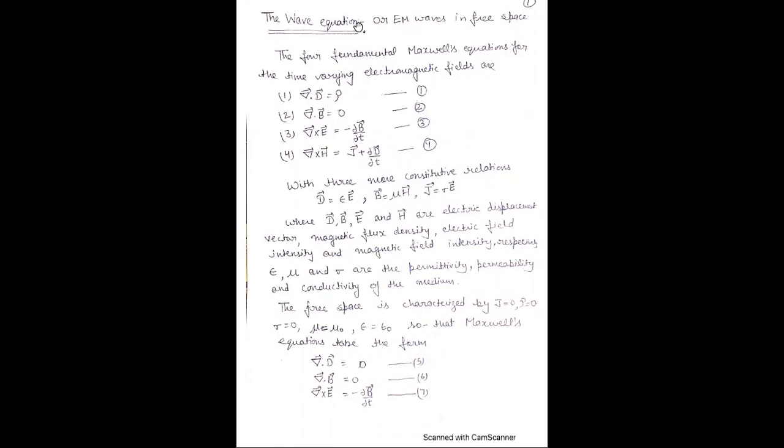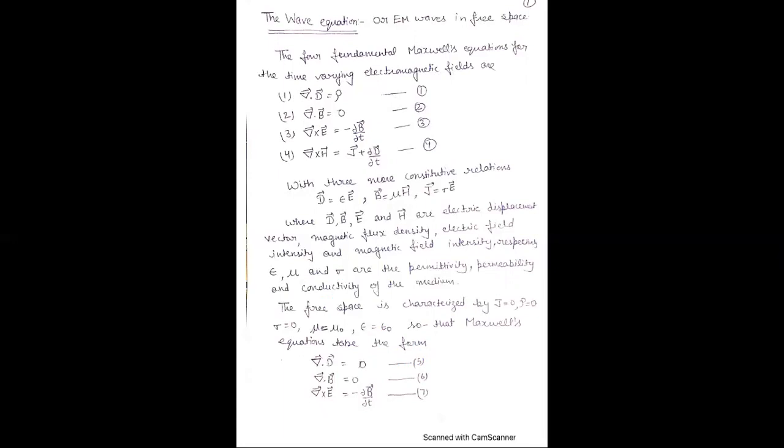For the wave equation, or propagation of electromagnetic waves, we use the four fundamental Maxwell equations for time varying electromagnetic fields, means time varying electric field as well as magnetic field. These are the differential form of Maxwell's equations.